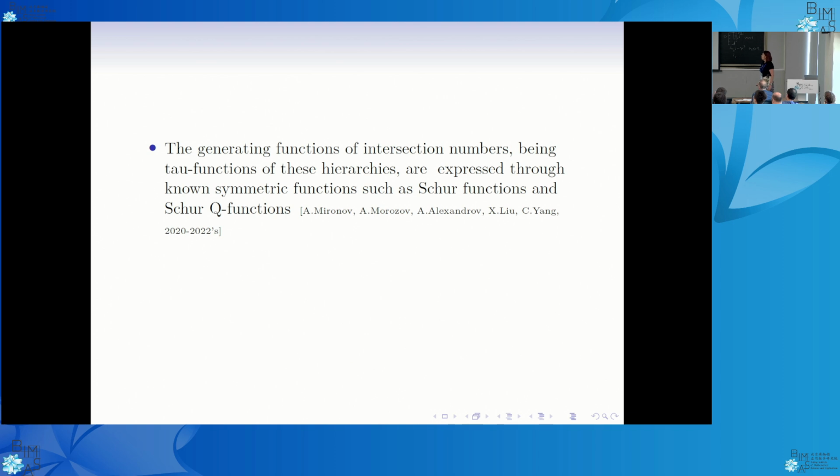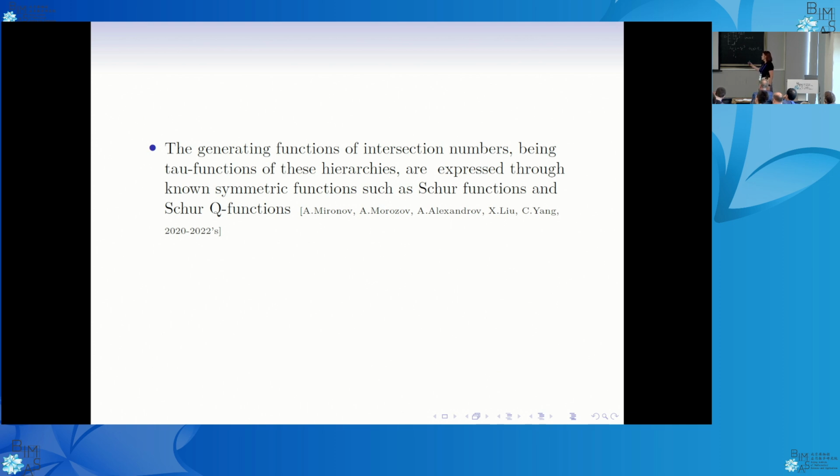Now we have generating functions of intersection numbers, and they are tau functions of these hierarchies. That indicates that they can be expressed through Schur functions and Schur Q functions correspondingly. By the efforts of several research groups, these expressions of generating functions for intersection numbers through Schur functions and Schur Q functions were obtained.